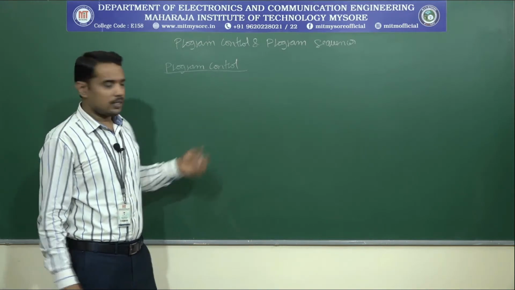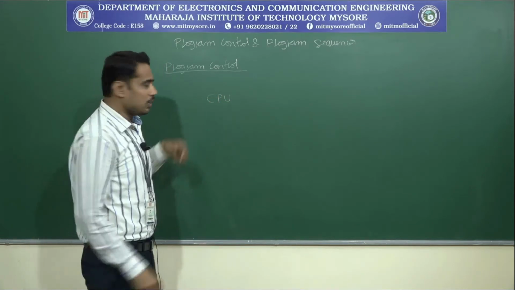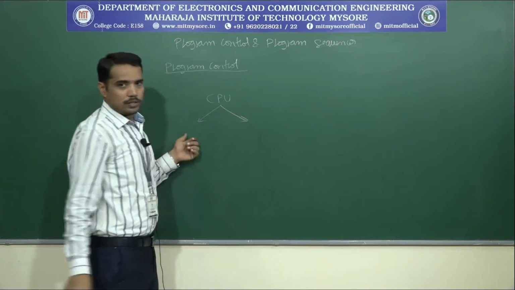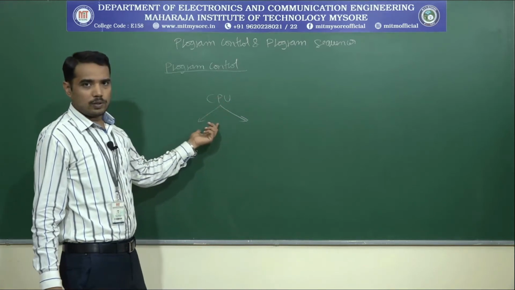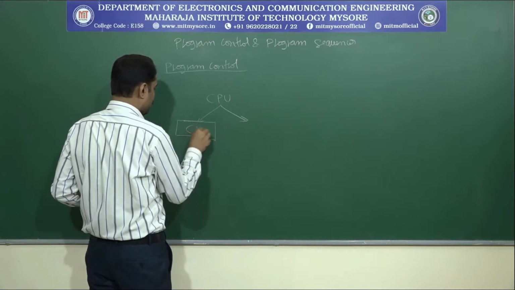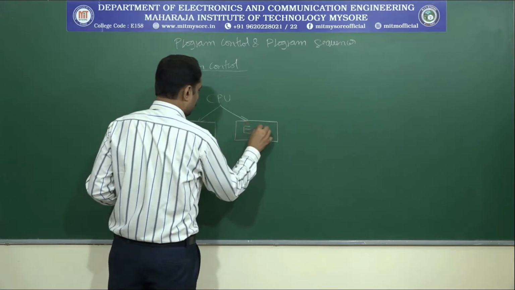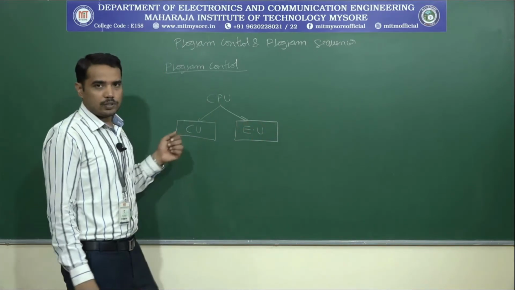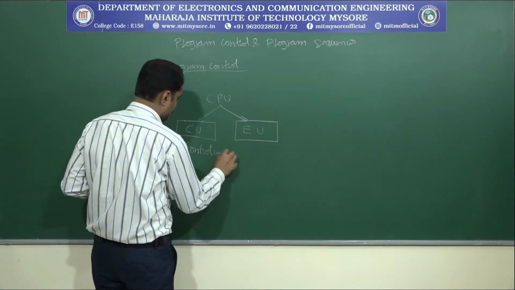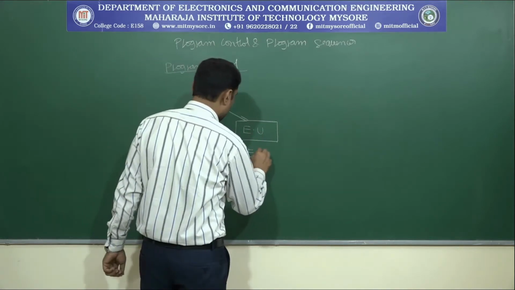In general, we know that the CPU is known as the central processing unit, and that is divided into two parts, that is the CU and EU. CU refers to the control unit and the term EU refers to the execution unit.